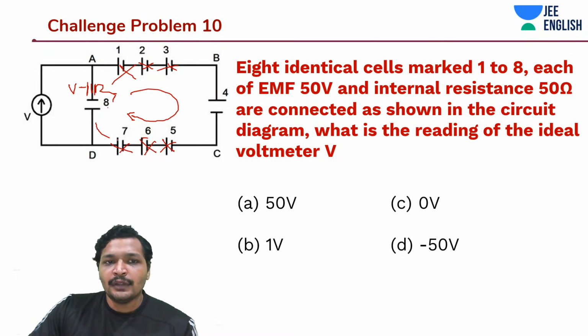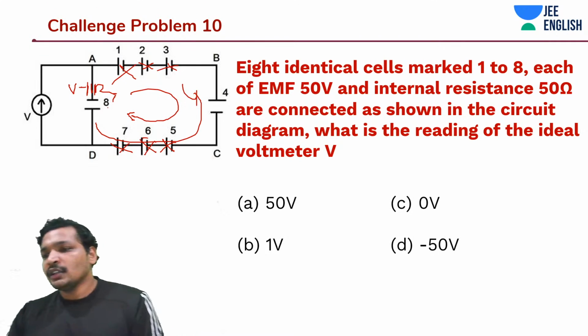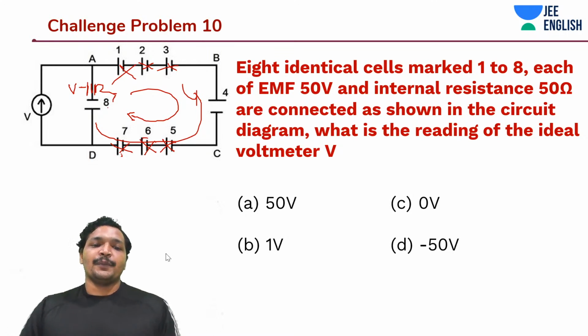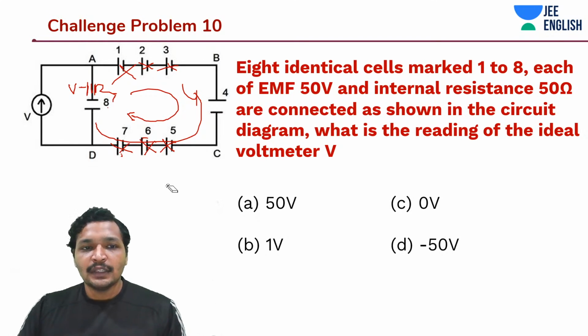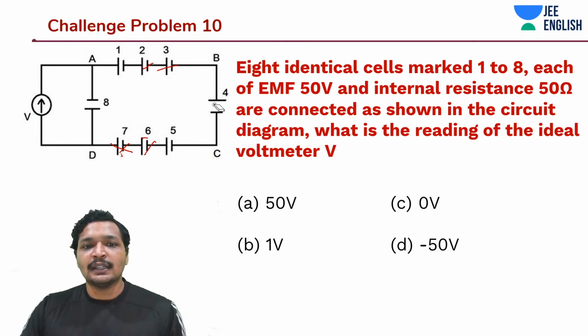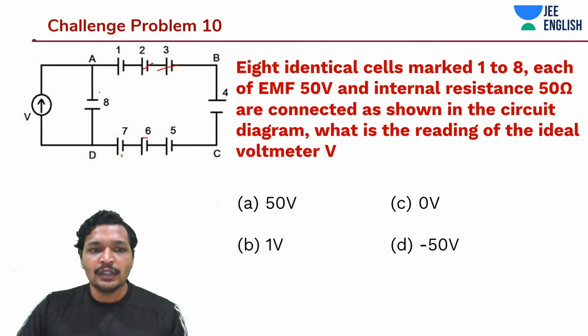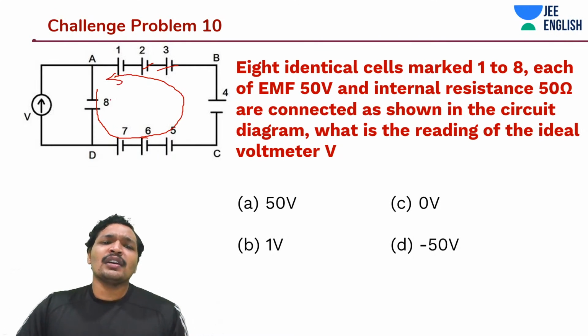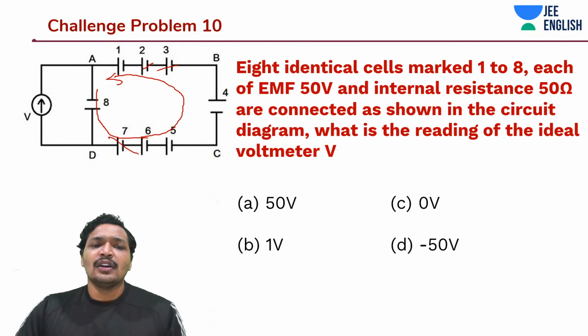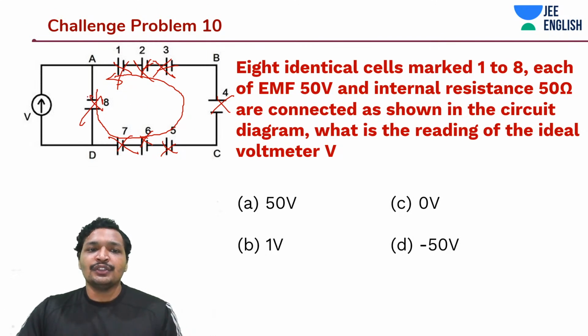If you apply Kirchhoff's law, this also cancels out, and this, and this, finally. So it should be 0. How much current is flowing through the circuit? The potential is all cancelled out.